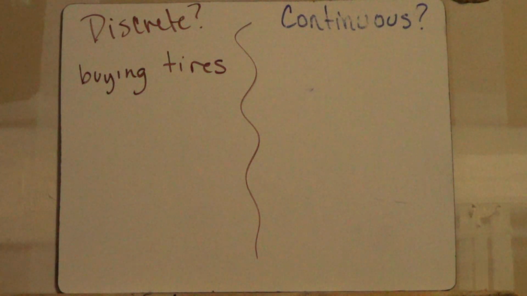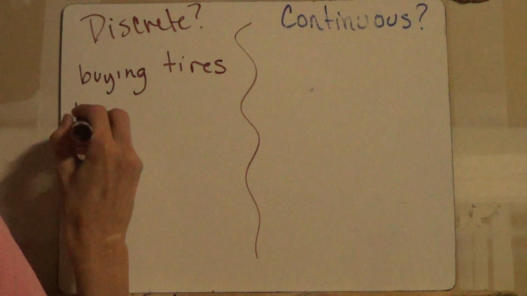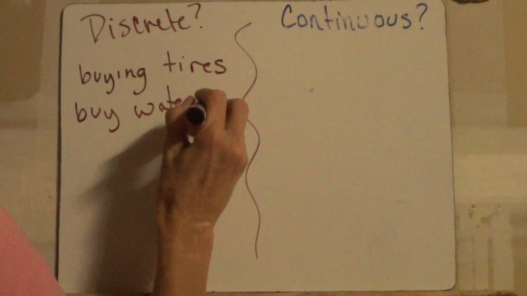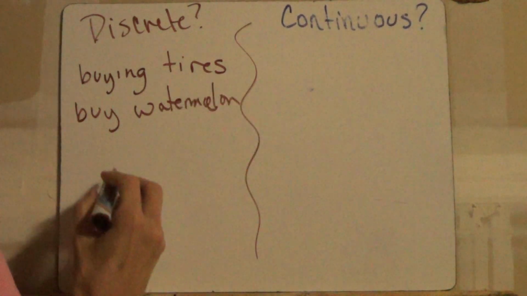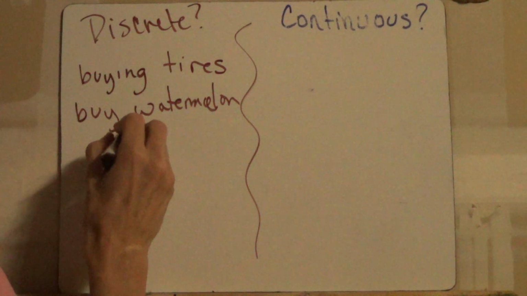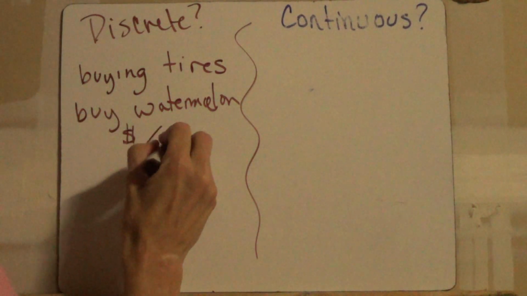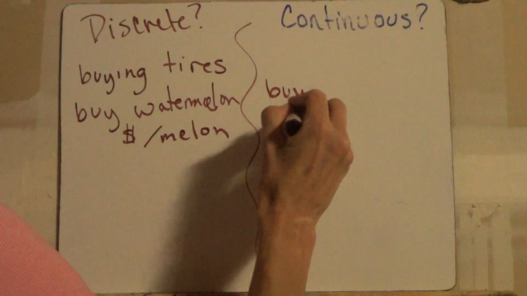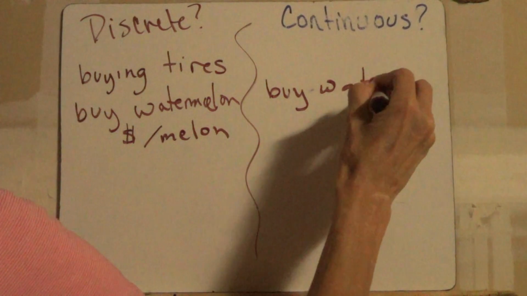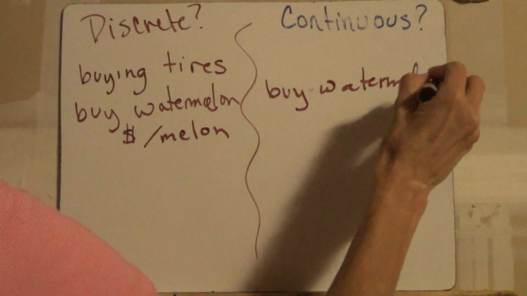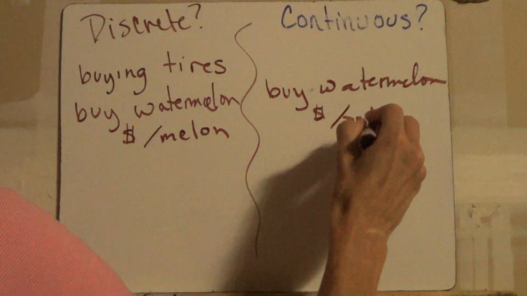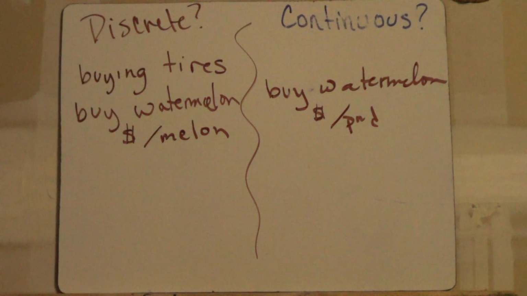If I go to the store and I buy watermelons, if I'm charged by the watermelon, it's discrete, because I'm not going to have the in-between prices. Buying watermelon, dollars per melon. But if I happen to buy watermelons and I'm being charged by the pound, then I could have the in-between because I could fall anywhere in there.